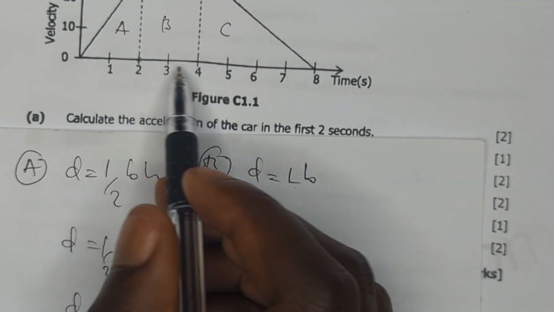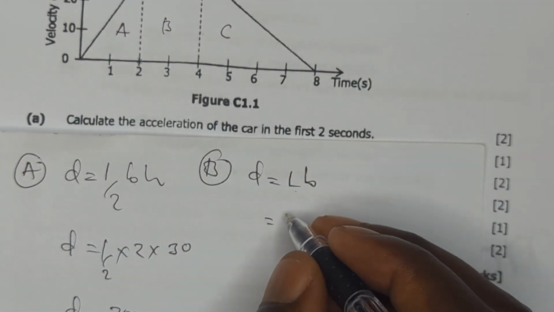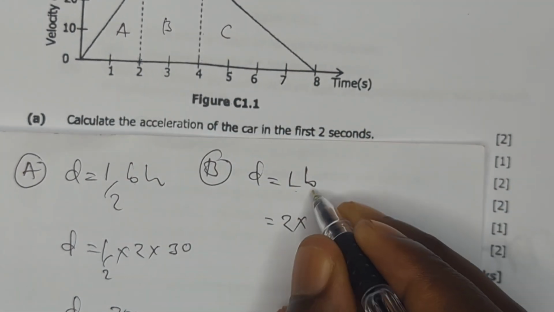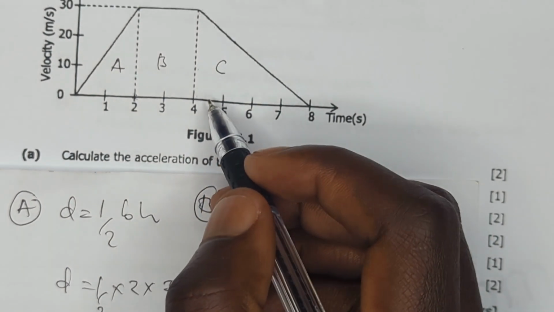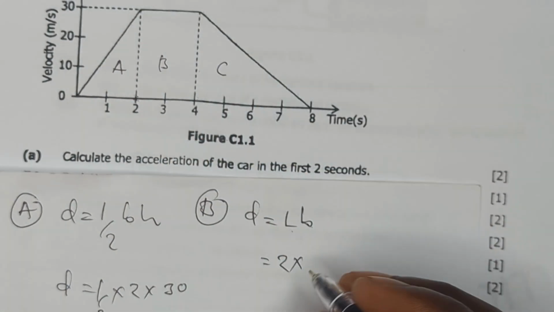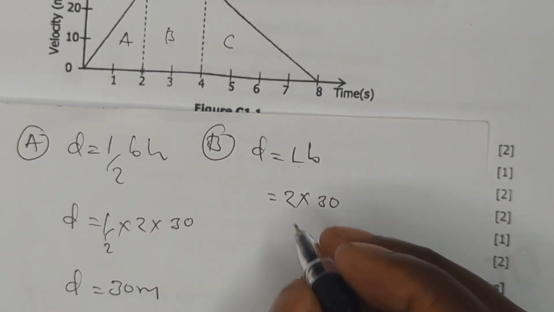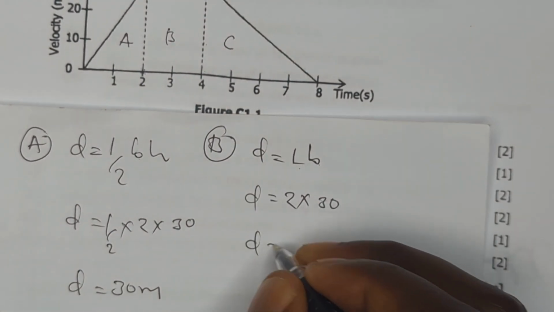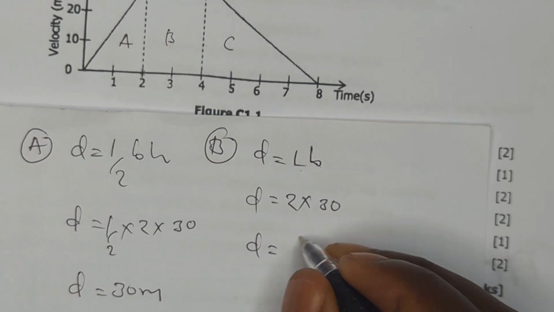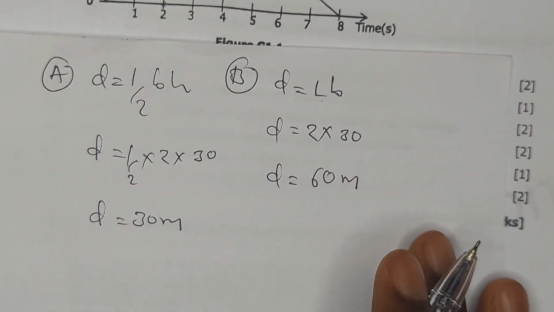So the difference here, that is 2. 4 minus 2, it will give us 2. Multiplied by B, which is the breadth, the distance from this point to that point, that is 30. So 2 multiplied by 30, this is 60 meters. So for part B we are done.